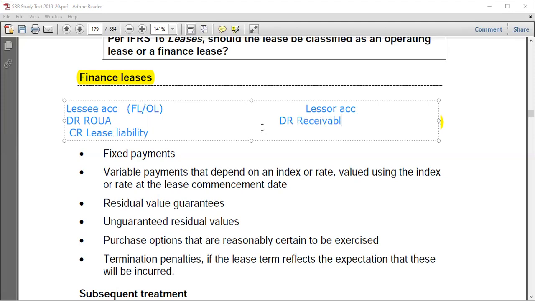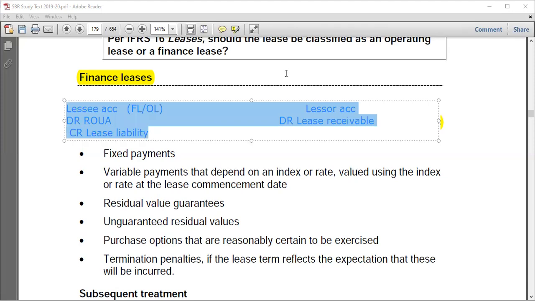You could just say lease receivable instead of lease liability. You expect to receive something from the lessee, and then we'll see the credit side. Most of the values would just come from the lease liability component which you computed already.